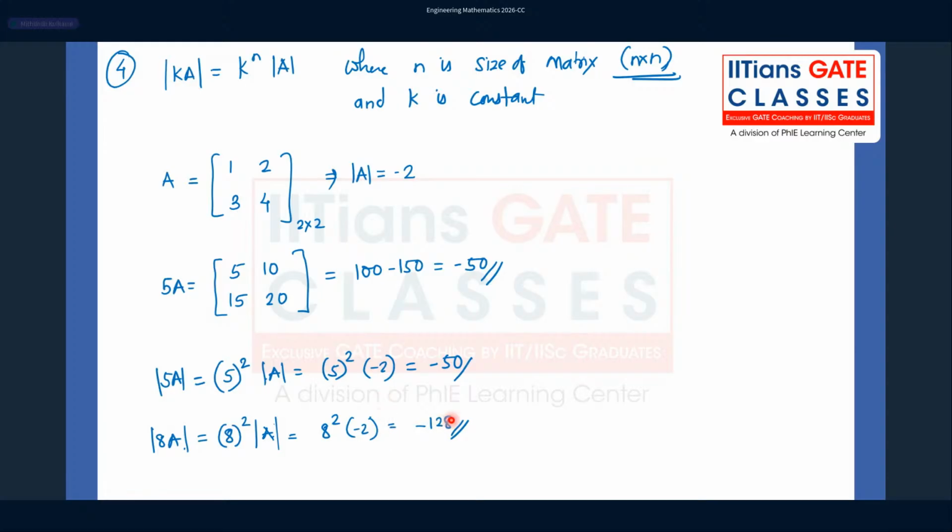So you can easily calculate the determinants of kA using this property.